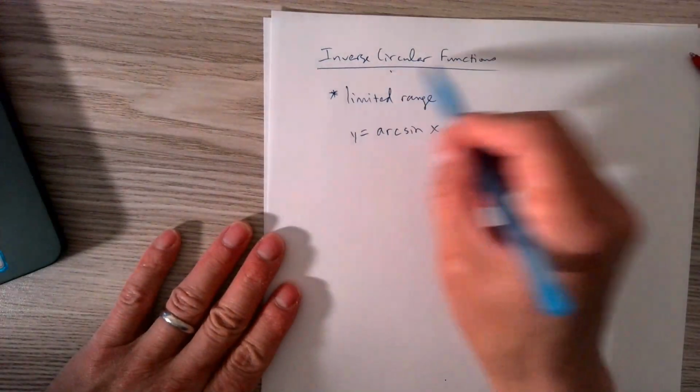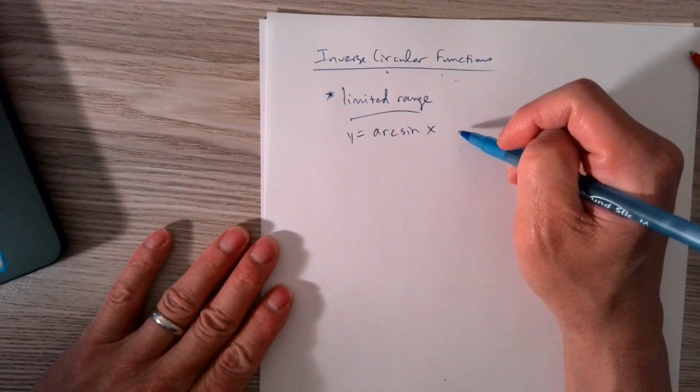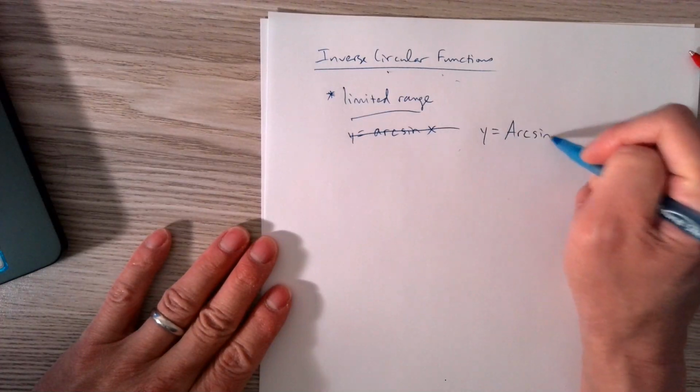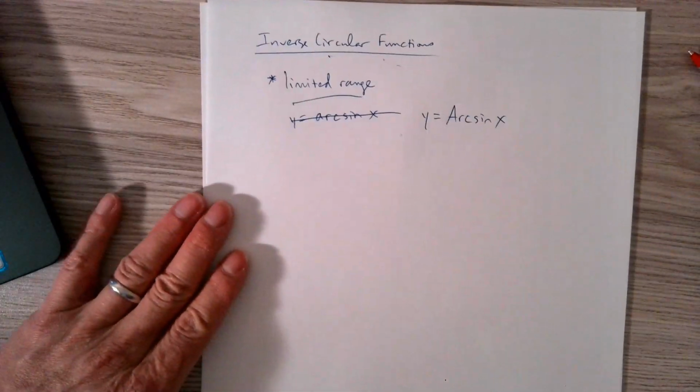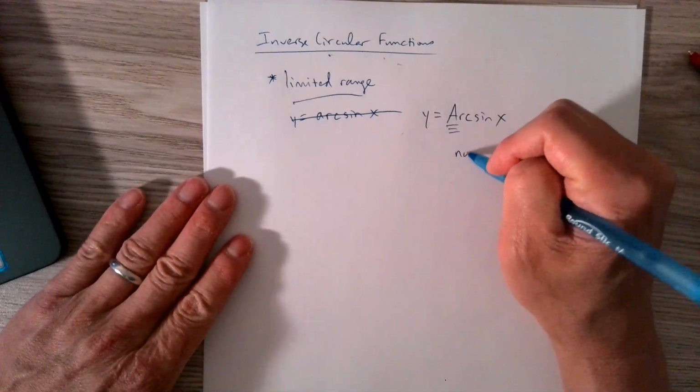But inverse circular functions have a limited range, so we don't need all the angles that have a sine value of x in this case, because the capital A is telling us to express or identify only one angle, or an angle within a given range, that has a sine value of x. Not all the angles.